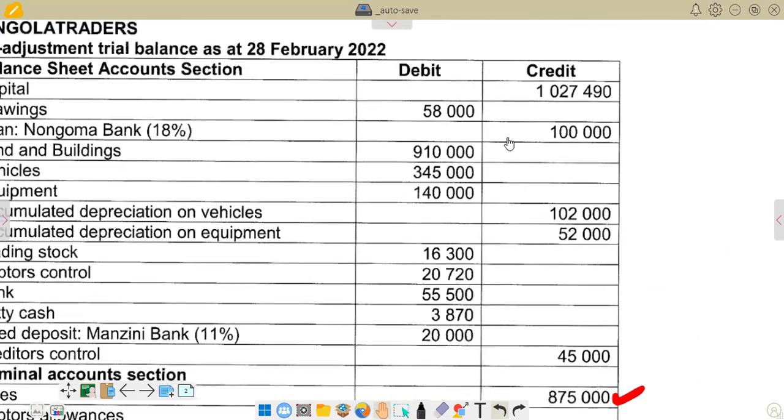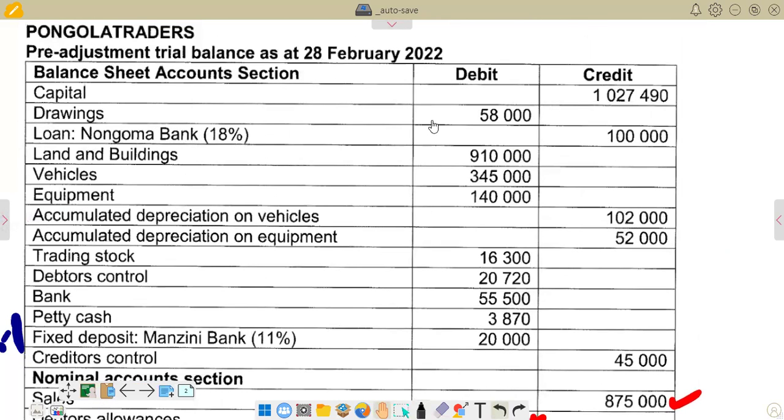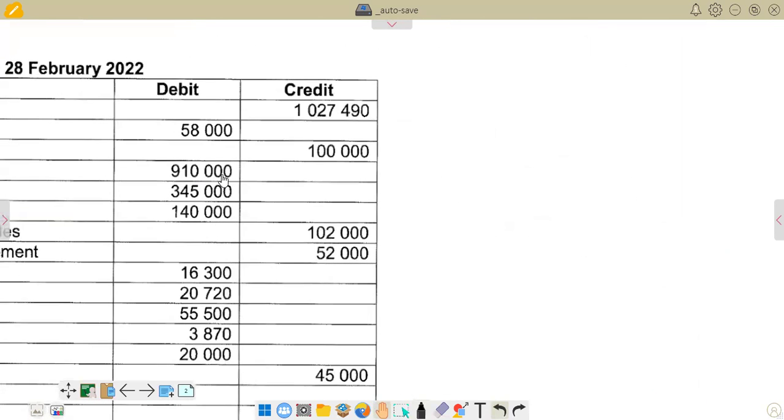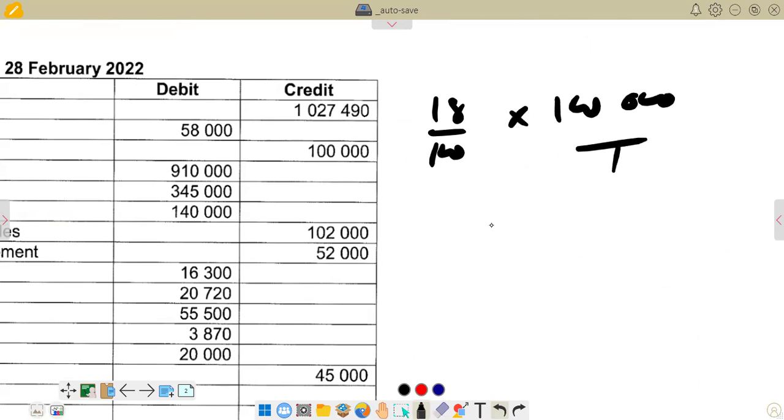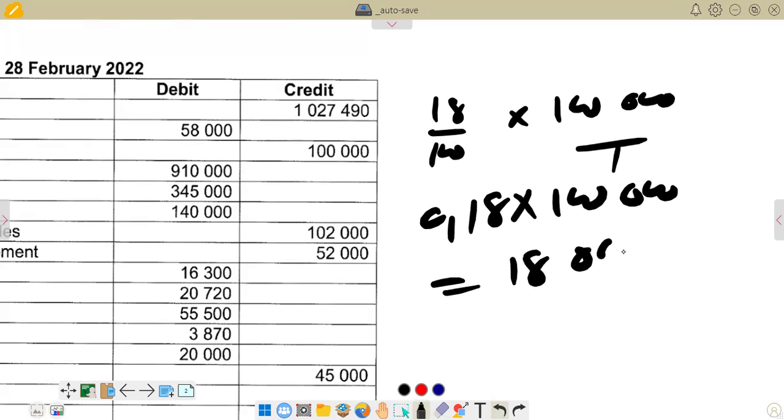So we have 18% representing interest on 100,000. Basically, 18% is 18 over 100. Then we multiply by 100,000 to get the interest for loan for that period. This becomes 0.18 times 100,000 as a decimal. And then when we calculate it, we get 18,000. So this is the interest for loan for this financial period.